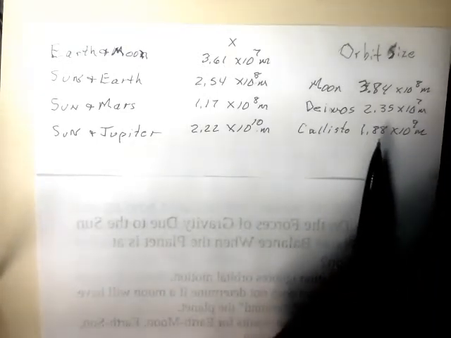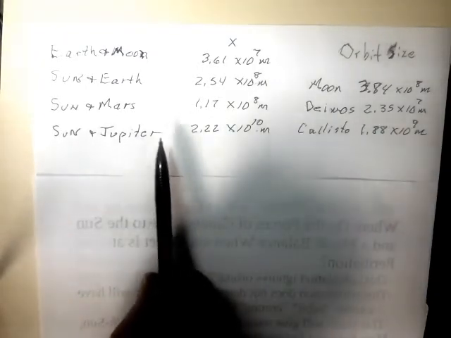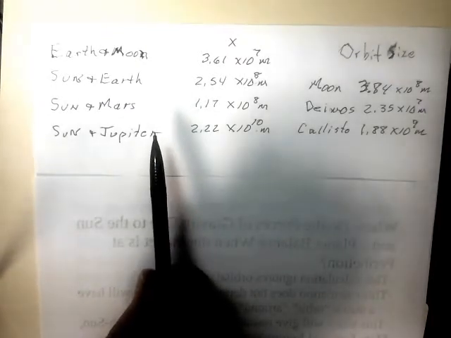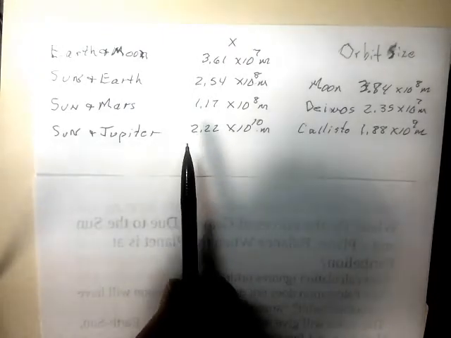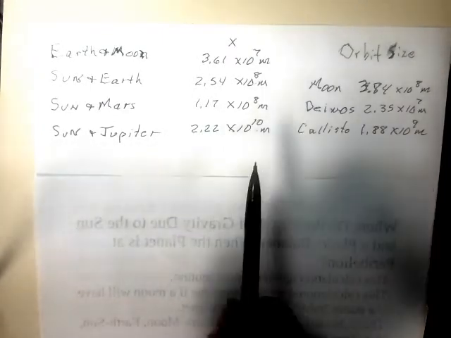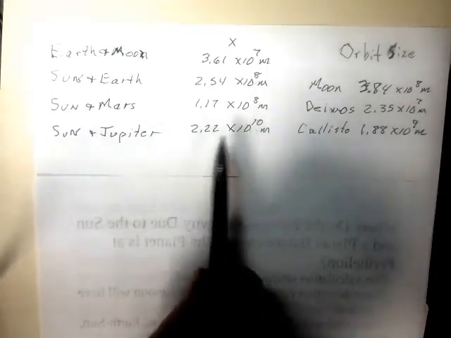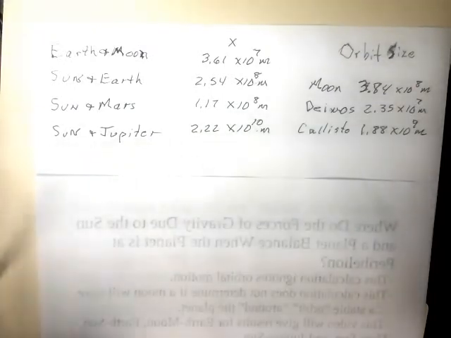If this was 3 times 10 to the 10th, that would put Callisto more in the range where the force of the Sun's gravity on the object would exceed the force of Jupiter's gravity on the object. However, there are satellites of Jupiter that are further away from Jupiter than this 2 times 10 to the 10th meters.